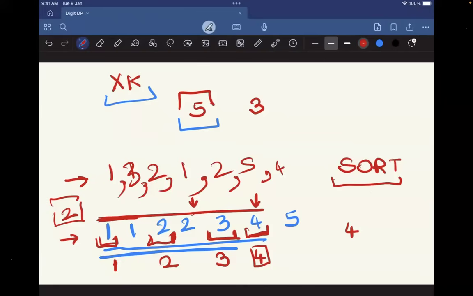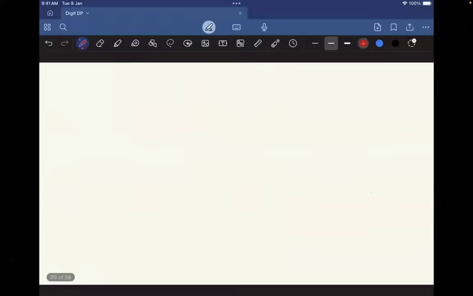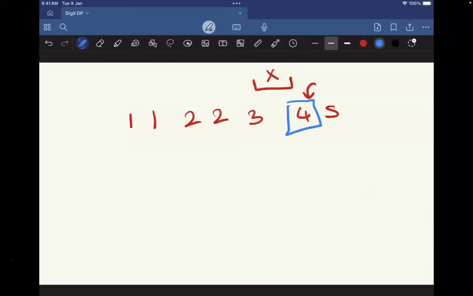It would help. Now, guys, the thing to notice here is that we saw that if I sort the array, I would get something like 1, 1, 2, 2, 3, 4, 5. Let's say X is this. Now I need to find the largest index such that I can kill that monster, right? And this is this element right here.